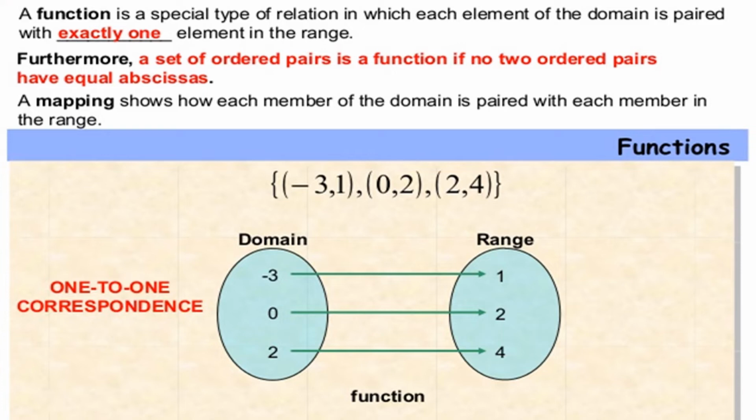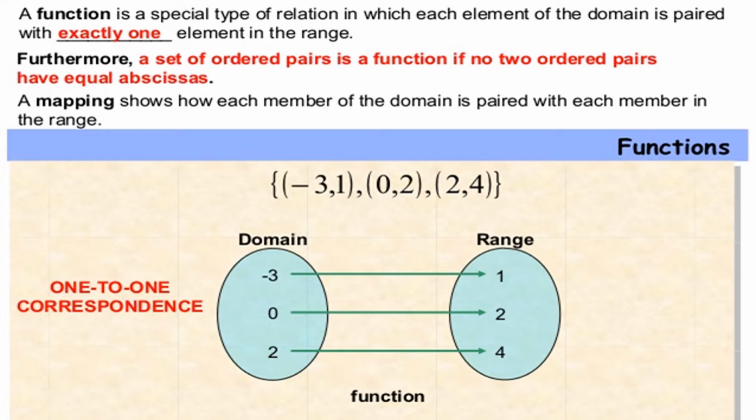Ibig sabihin, dapat pag nagpapares tayo ng ordered pair, dapat yung ating domain ay unique na ipapartner sa ating range. Ibig sabihin, bawal umulit yung ating domain. Pwedeng umulit si range, yung ating y, pero bawal umulit si x, or yung ating domain.